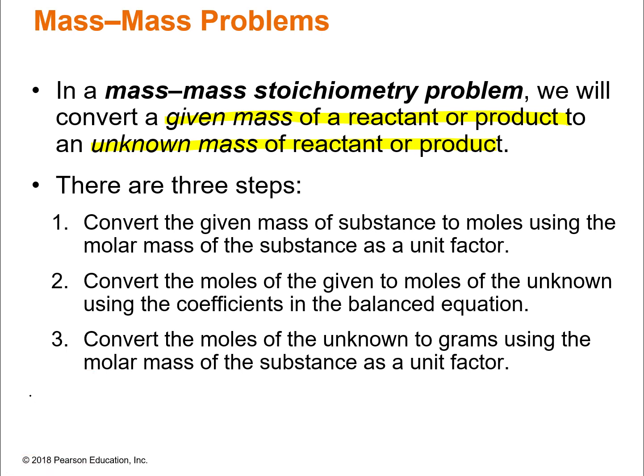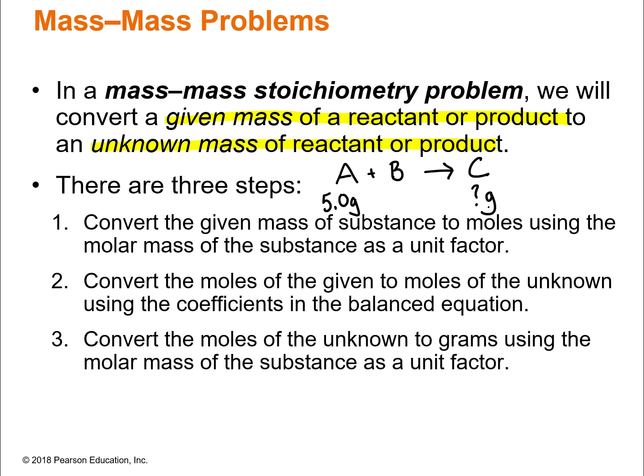So let's give you a little something to hold on to because it's kind of abstract. Let's say that we've got this equation here. And I told you in the problem that you're starting with 5 grams of A, and I want to know how many grams of C you can make.